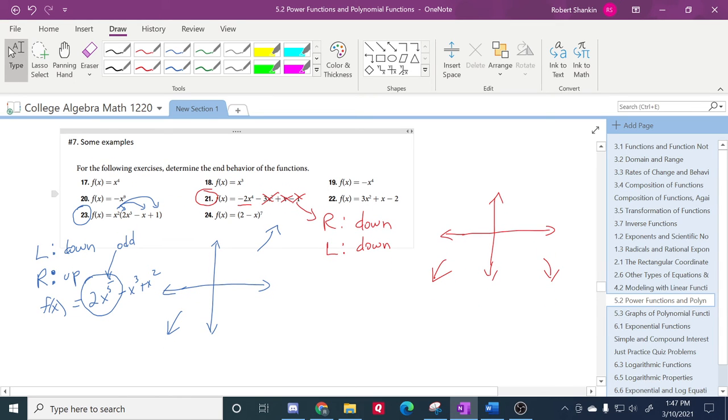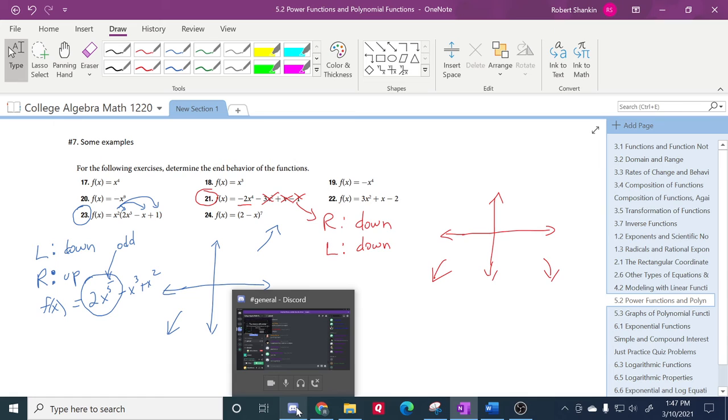Alright, there was a lot with end behavior. Tell me how you feel. Let's go to the main chat about end behavior. Are you getting comfortable, or is it mostly confusing? Tell me where you're at.